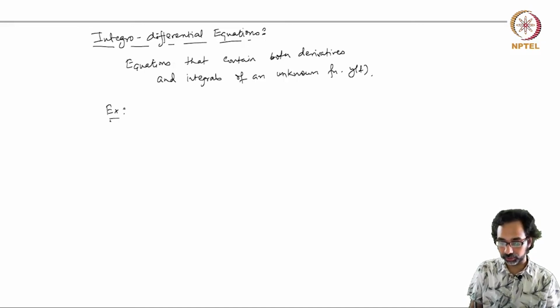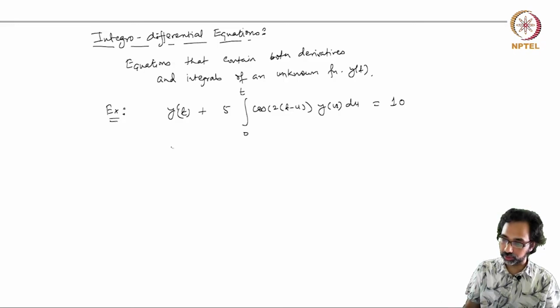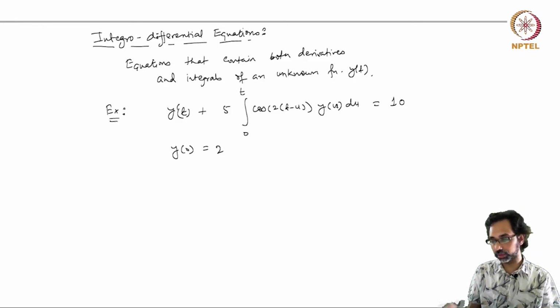So for example, let me take the following equation: y prime of t plus 5 times the integral from 0 to t of cos(2(t minus u)) y(u) du equals 10, with the initial condition y(0) equals 2.